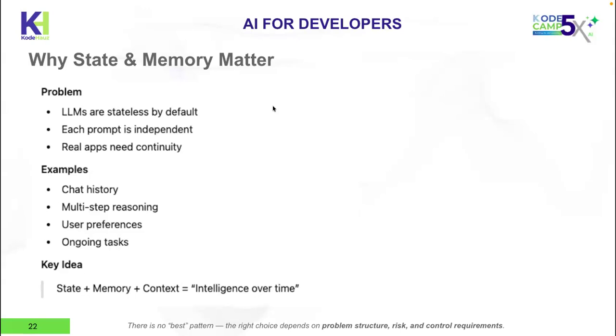If you are writing an app that is based on LLMs and LLMs being able to reason, previous preferences and so on, and even ongoing tasks, all of this needs some kind of storage, some kind of memory, some kind of context, right? So the intelligence over time that we're talking about, where it remembers, it recalls context, history, and all of that, you are the one that has to create it by keeping that memory.